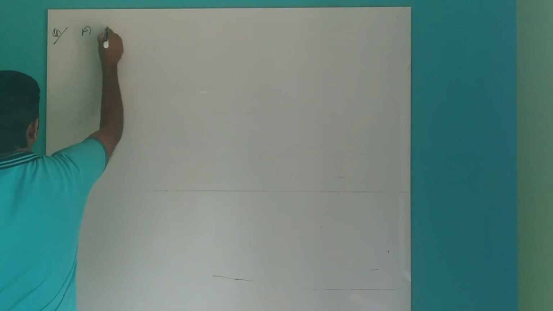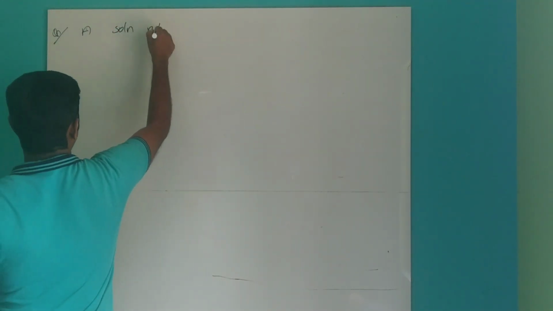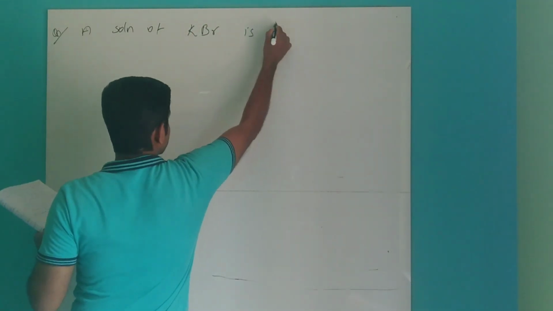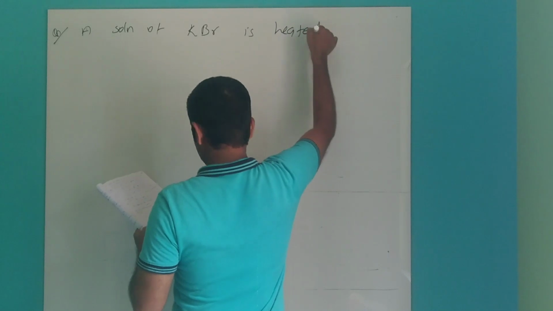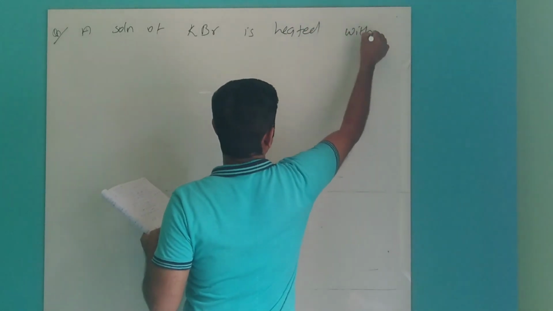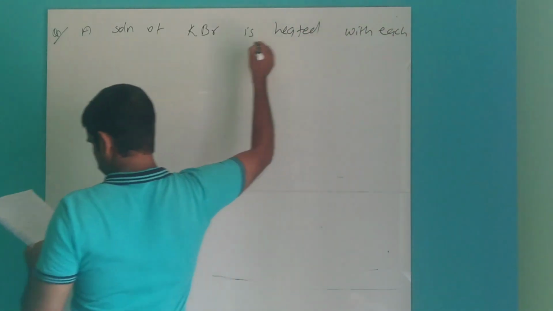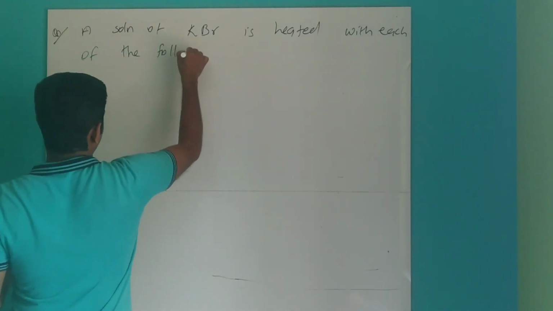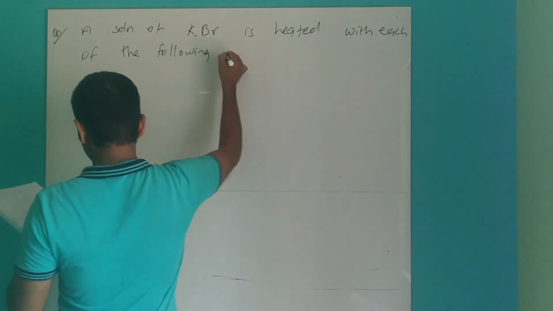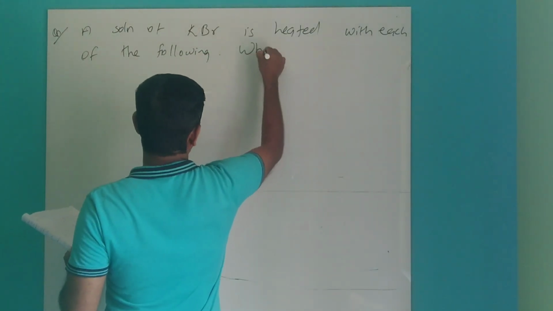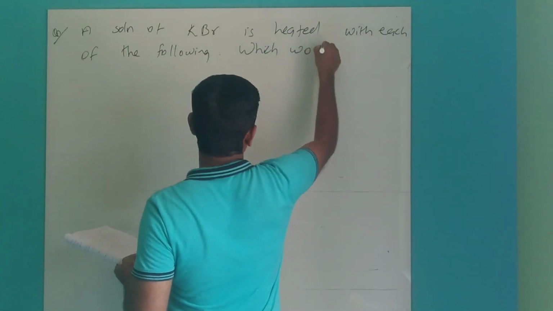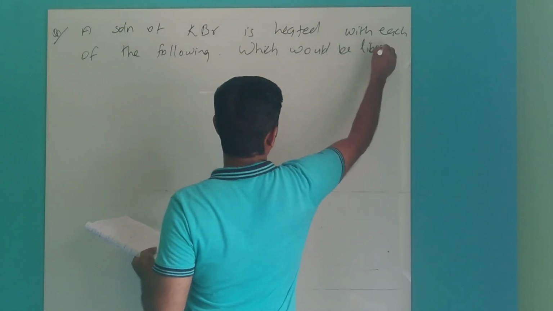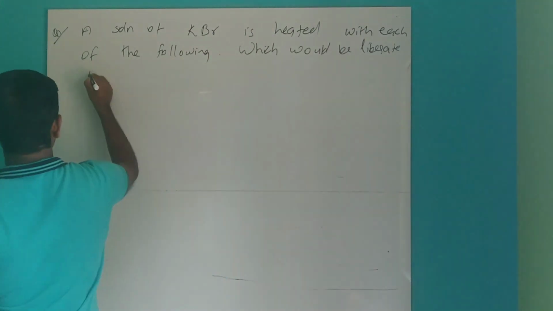A solution of KBr is heated with each of the following. Which would liberate bromine?